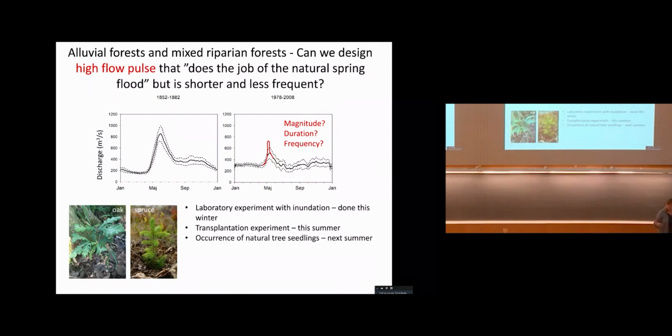We will do a transplantation experiment where we actually go out and plant spruce, obviously not in the nature reserves, and obviously being careful to remove them when the experiment is over. So I will go out in 2 weeks and plant spruce, and then we will follow up this autumn and have it run the whole next year as well.